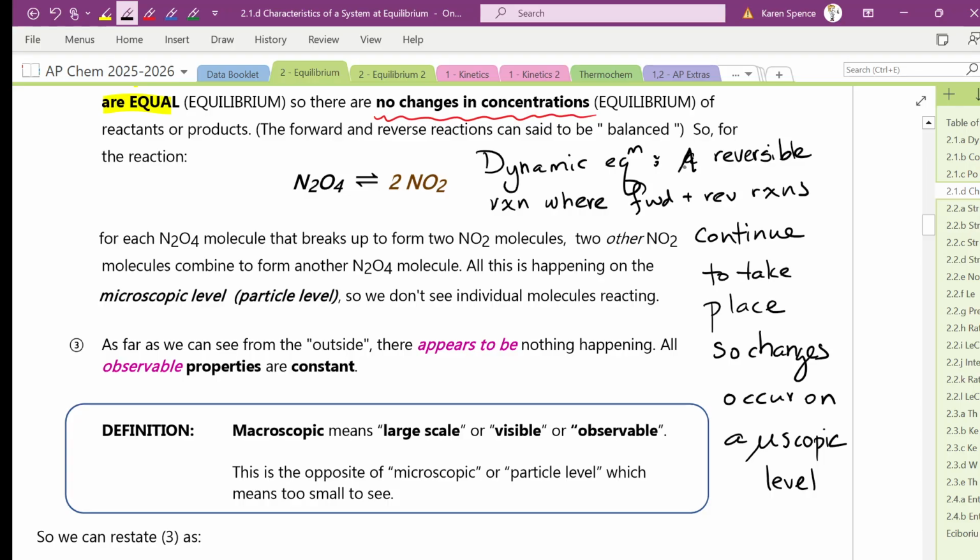That is sentence number 1. That explains the dynamic part.